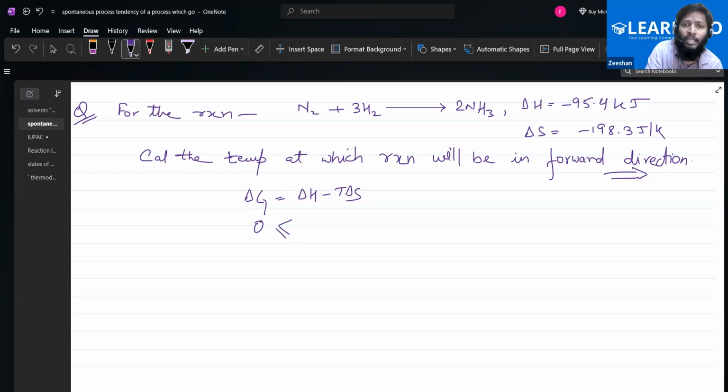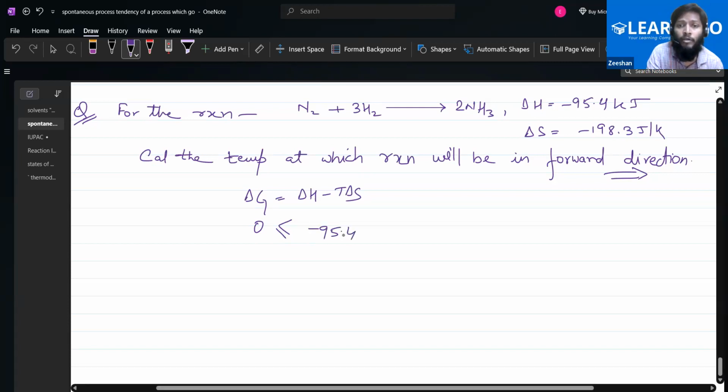Yes, sir. So delta H is given as minus 95.4 kilojoule, minus T delta S. T is not given, we have to find T, and delta S is given as minus 198.3, right?